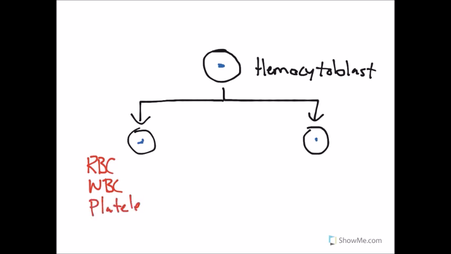Now, there is a cell line referred to as a myeloid stem cell. Myeloid stem cells are derived when the hemocytoblast goes through its division, and this creates a unique cell here.